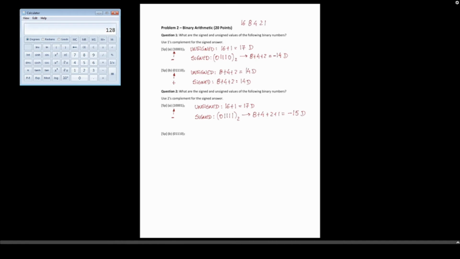Perfect. So now let's go to B. B is exactly the same answer as your first question. Unsigned, you have 8 plus 4 plus 2 equals 14 decimal. And for your signed, the most significant bit is positive.